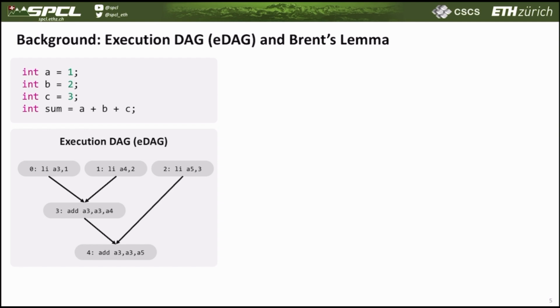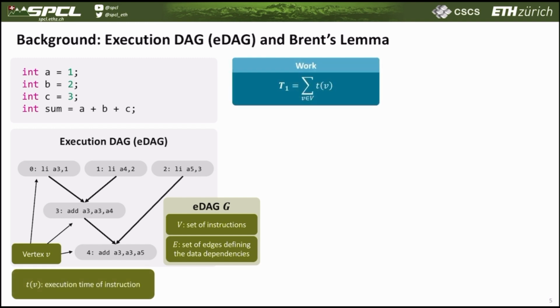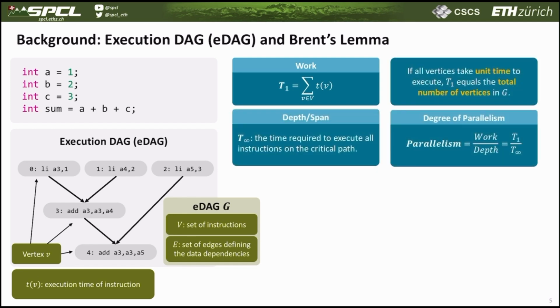So why are these graphs useful? Because there is some theory on how to analyze them, right? If we define these vertices and edges, we can define the total work of our program, which is basically the sum of the work of all the vertices. And we can define the average parallelism of our program by dividing the work by the longest path in this graph.